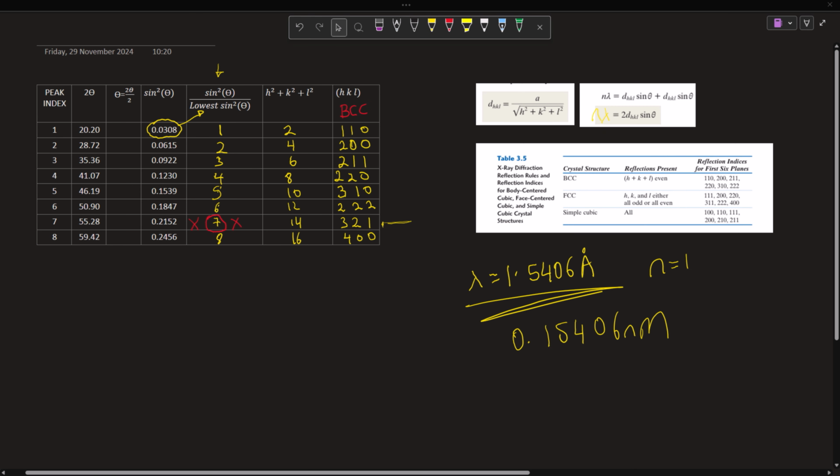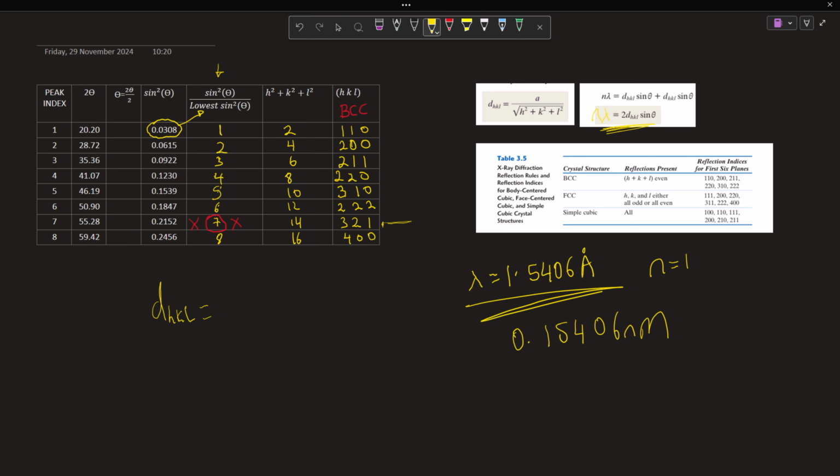Alright guys, let's make D the subject of the formula in this equation. So our D HKL is equal to lambda over 2 sine theta. Since our n is 1, we are going to choose one D HKL.